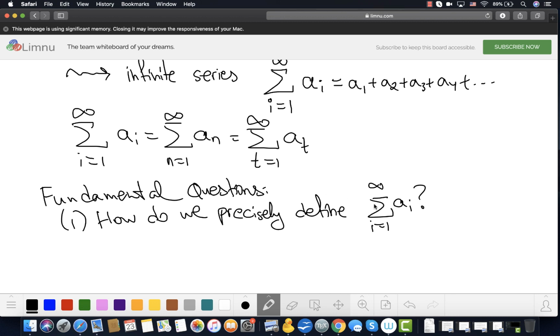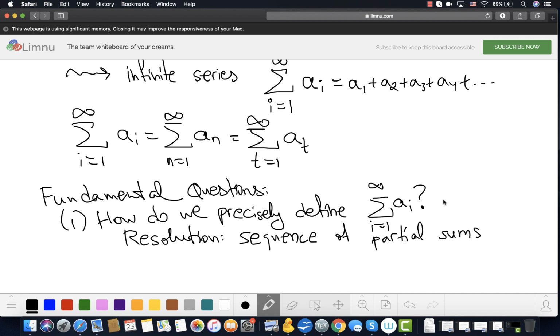Because, I mean, can we really add infinitely many numbers all at once? And the resolution of this question is going to involve something called sequence of partial sums. Sequence of partial sums is going to be the key in defining precisely this infinite sum.